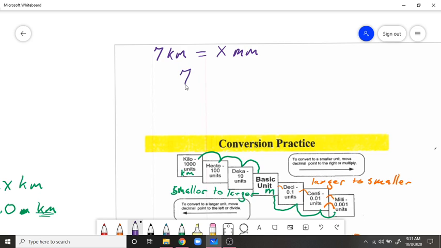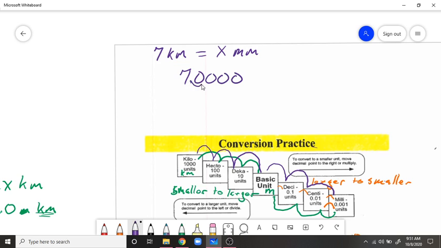Here's my 7.0. And I'm going from larger to smaller. So my decimal point is going to go 1, 2, 3 to the base unit. 1, 2, 3 down to the milli level. So that's over 6. Let me write some zeros here.